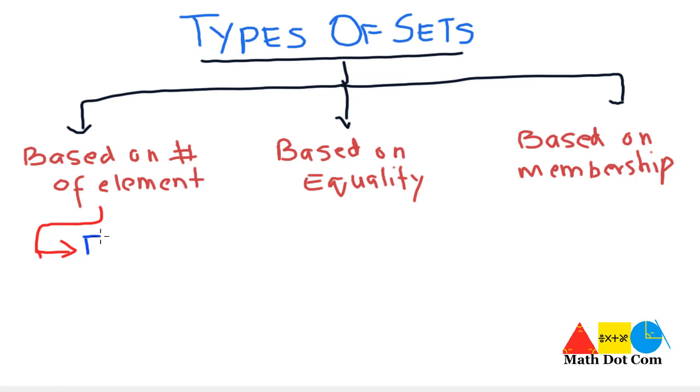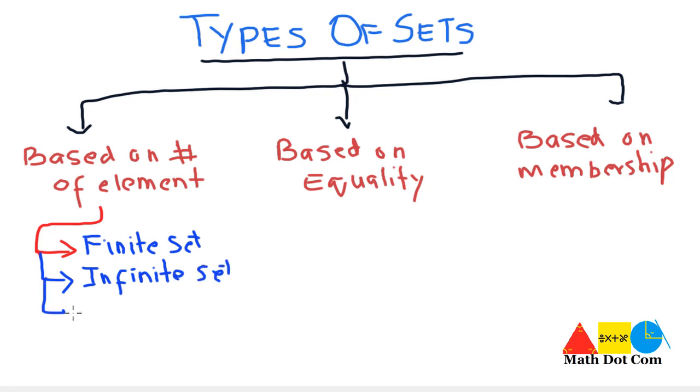One is the finite set, another is the infinite set, then the singleton set, and the other is the empty set. These are the types of sets based on the number of elements in the set.